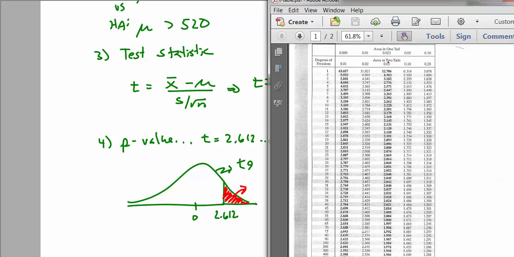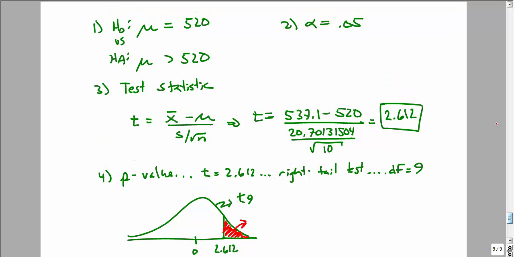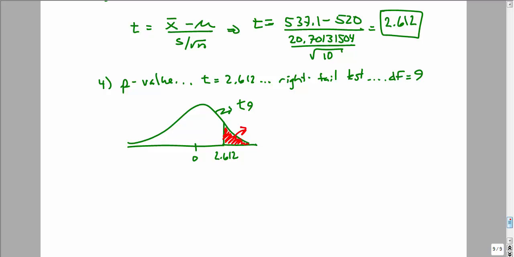So if I come up here, that means my p-value is somewhere between 0.01 and 0.025. Both of those are less than alpha, so that's good. That's the best that my tables can give us.